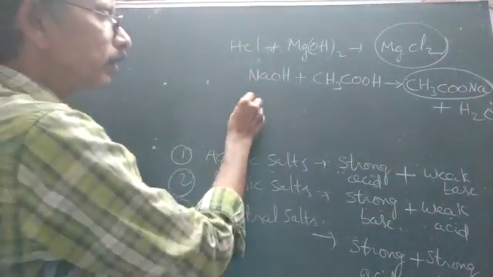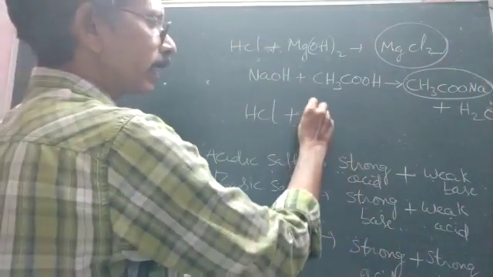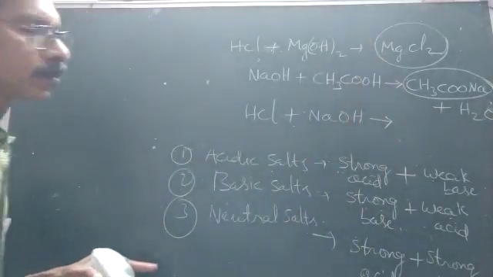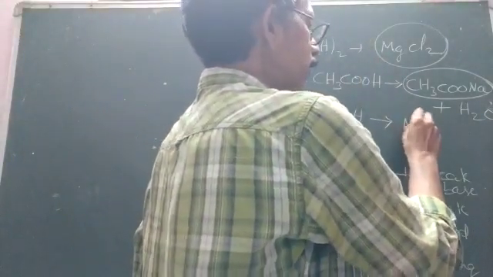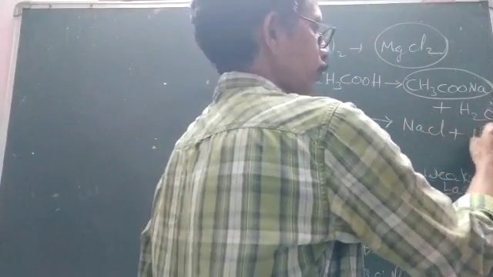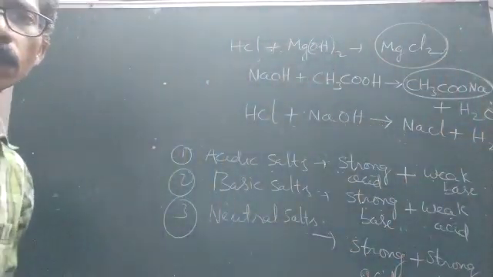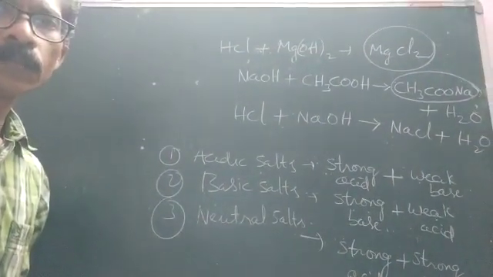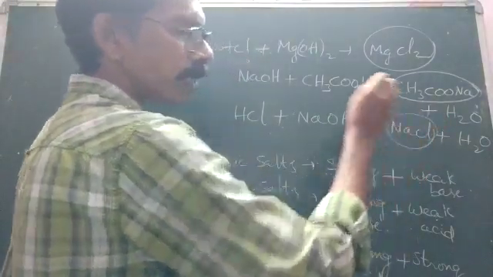And another one: HCl, a strong acid, plus a strong base, NaOH, forms NaCl plus water. This NaCl is a neutral salt.